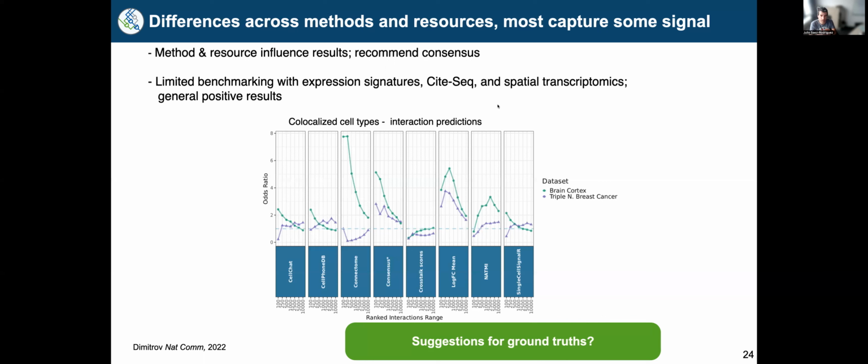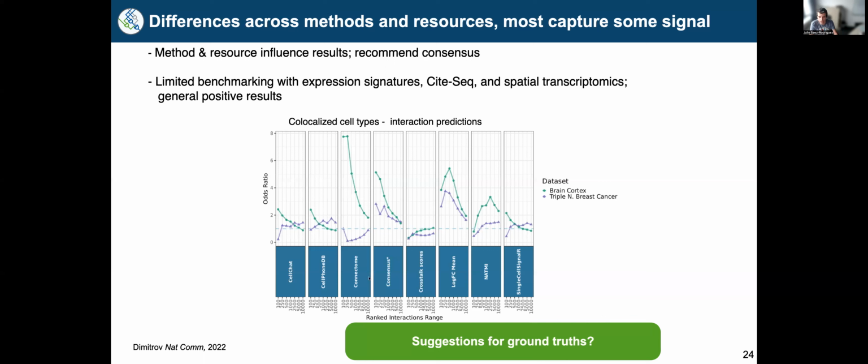And the case for using spatial transcriptomics is that we thought that if cells are communicating, it's more likely that they are next to each other, or the other way around, if they're next to each other, it's more likely that they are communicating. And of course, it will not always be the case, but there should be some correlation. And indeed, that's what we found for spatial transcriptomics, but also for the other benchmarks, that in general, these methods capture signal.